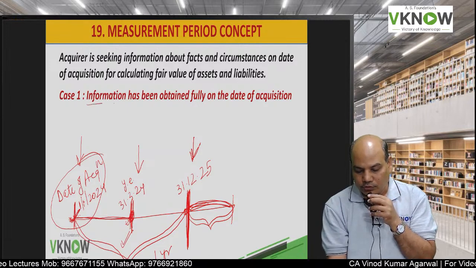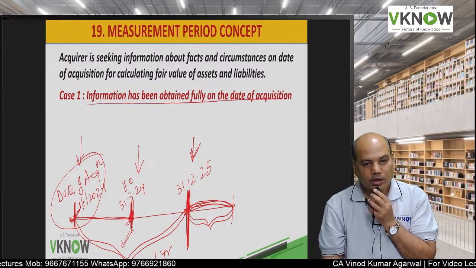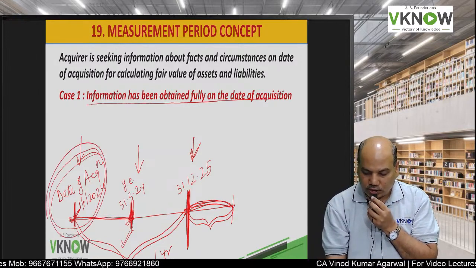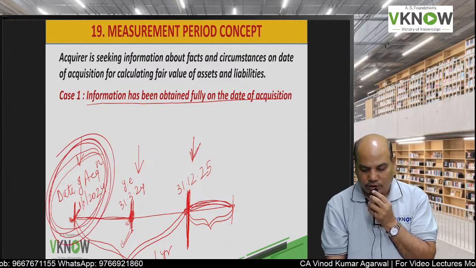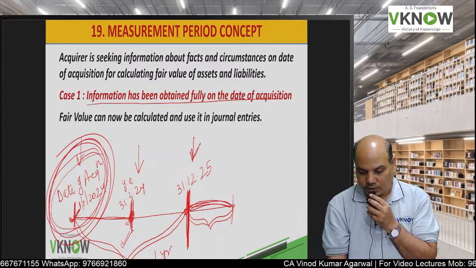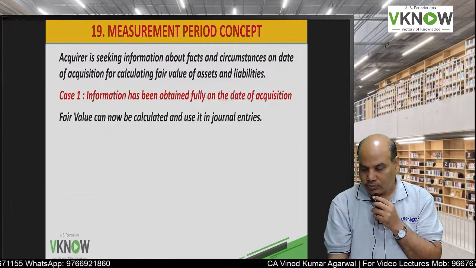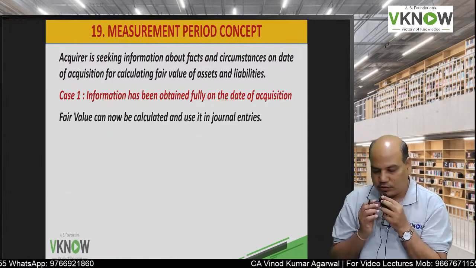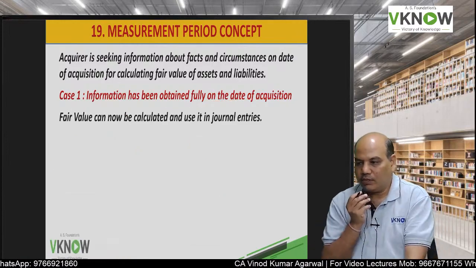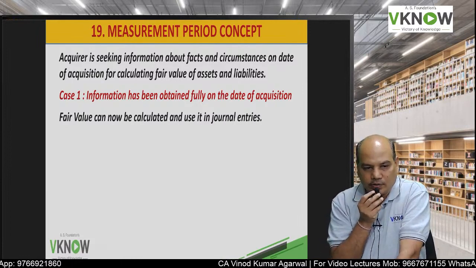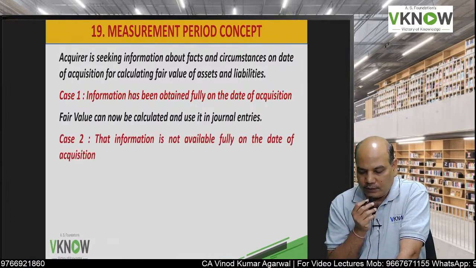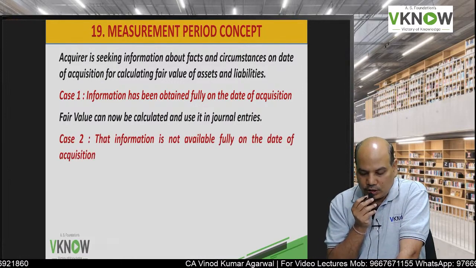So first, case 1, information is fully available on the date of acquisition. Your life is simple. Most of your exam questions are on this basis only, that fair values are available on the date of acquisition. So we will apply fair value and do the accounting.